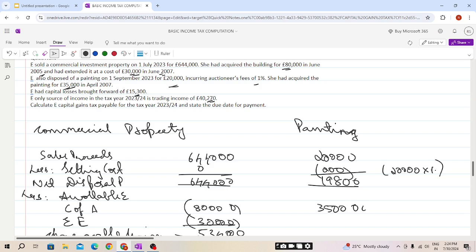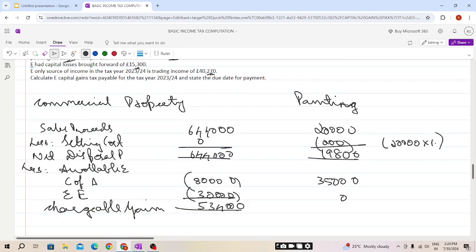Any enhancement cost, students? Nothing is mentioned. So it will be an allowable loss, students, of 15,200. Chargeable gain or allowable loss.